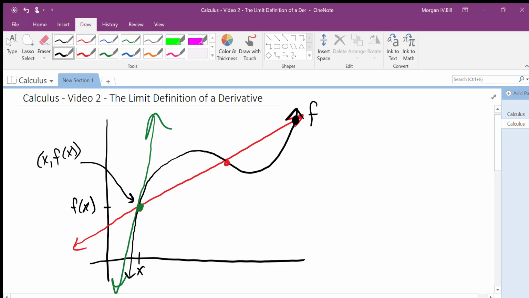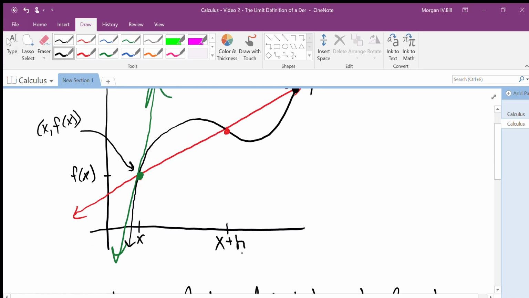And to create the secant line in red, what I'm going to do is pick another point sort of down the road from x, this point in red up there. And the x value there is x, the original x value, which was back over here, plus some amount. People use the letter h here, or you might see instead of h, sometimes we'll write that as x plus delta x, meaning x plus some change in x.